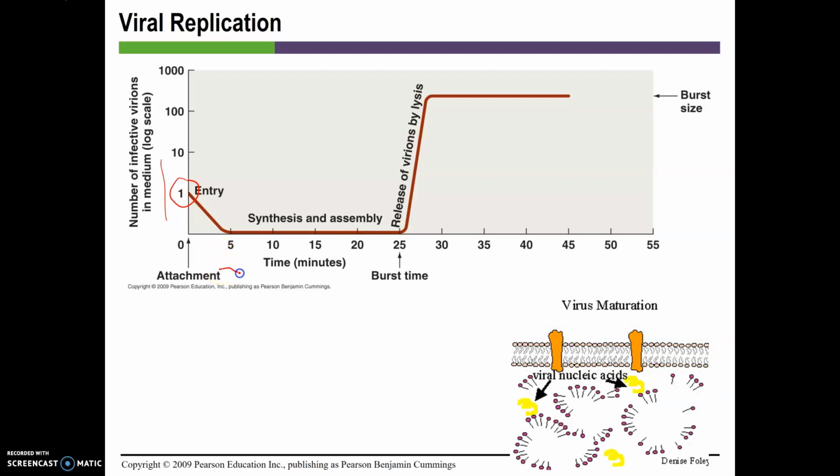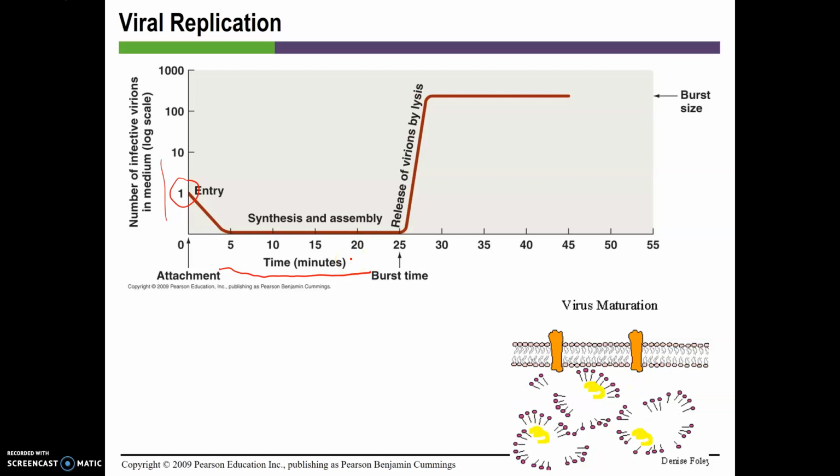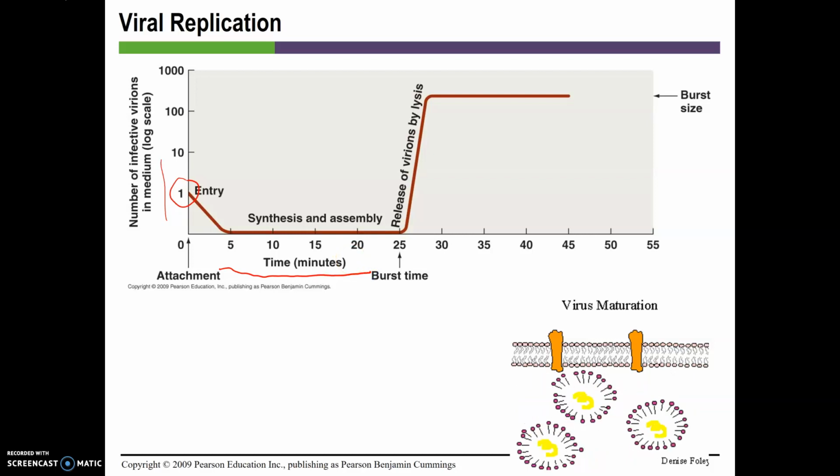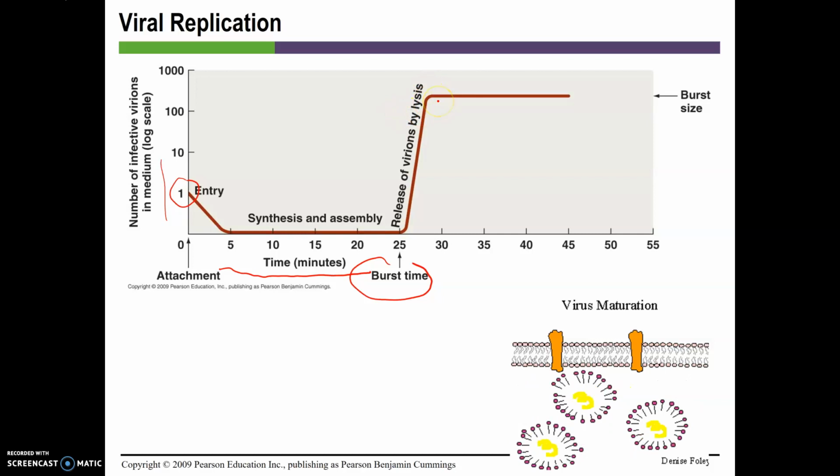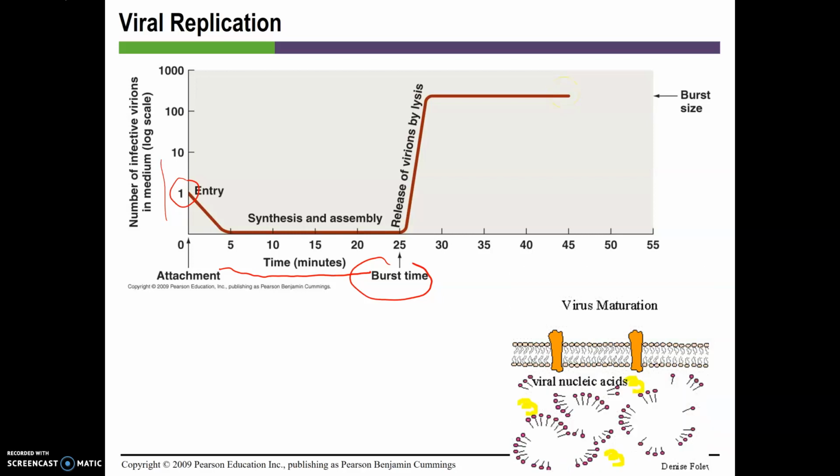So then you're going to have a period of time elapse while the virus is replicating the components it needs and then synthesizing or assembling the new ones. And as soon as you have all of those assembled, then it can break out of the cell and you would have a mass release at one time of all the viruses, which would then start a new cycle of infection in nearby bacteria.